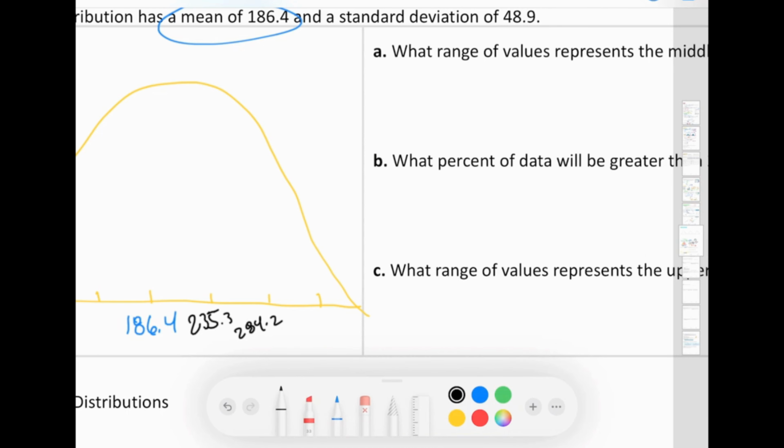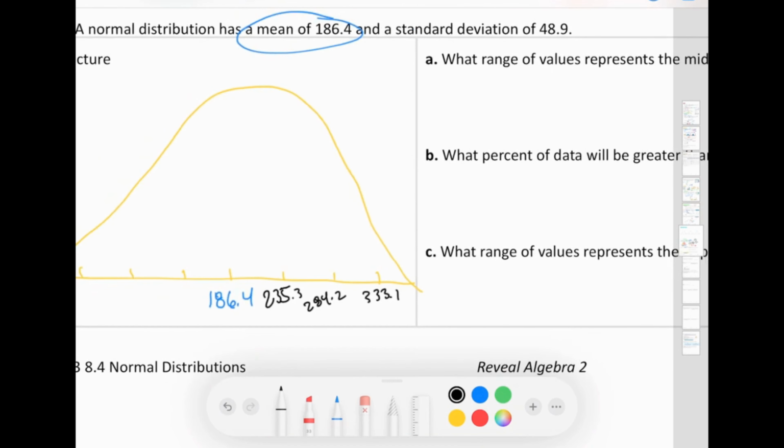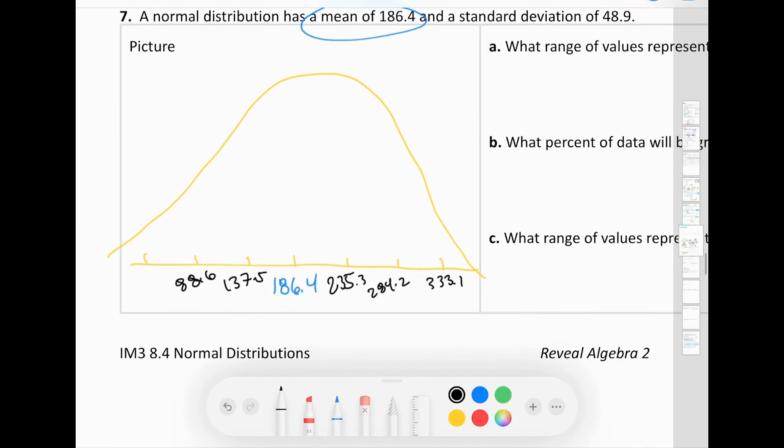And then you add 48.9 again and you'll get 333.1. And then I'm going to go back from 186.4 and subtract 48.9 and get 137.5. And I'm going to subtract 48.9 again and get 88.6. And then subtract it one last time and we have 39.7.